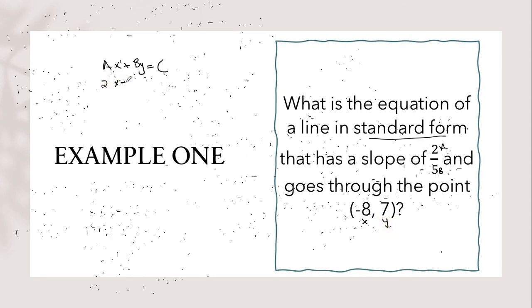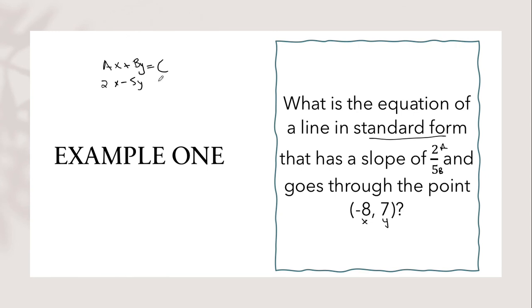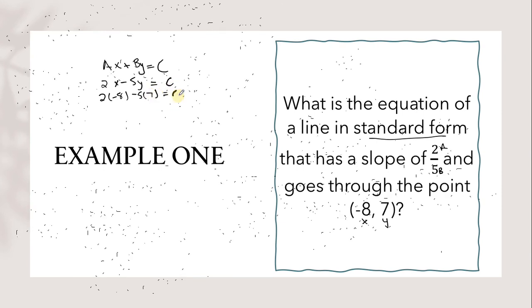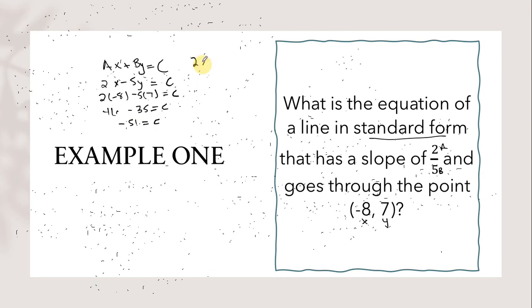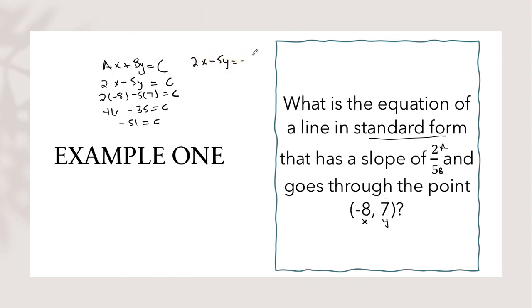So 2x minus 5y, and it's minus because it's a positive slope, equals c. Plug in my x value and my y value and solve for c. So negative 16 minus 35 equals c. And negative 16 minus 35 is negative 51. So my equation would be 2x minus 5y equals negative 51.